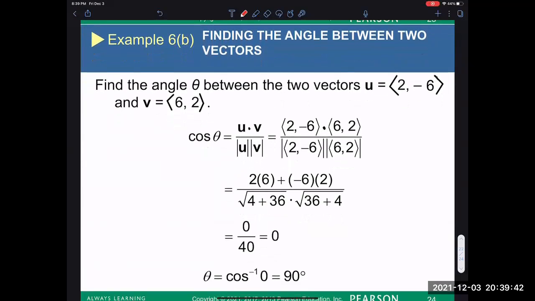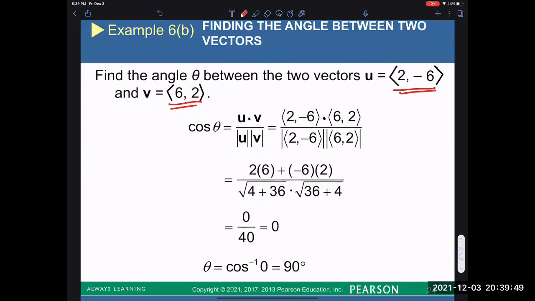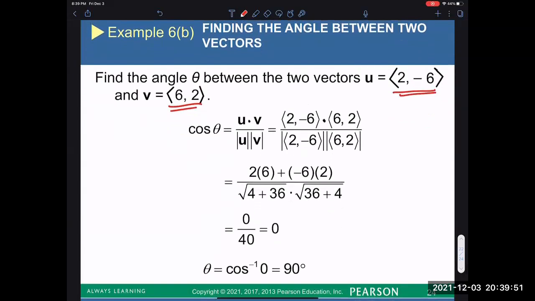So in this case, they have 2, -6, and 6, 2. And so you could imagine these vectors just to see why they gave these, they look like similar numbers. So if I have 2, -6, that's like down here somewhere, 2 to the right and -6 down.